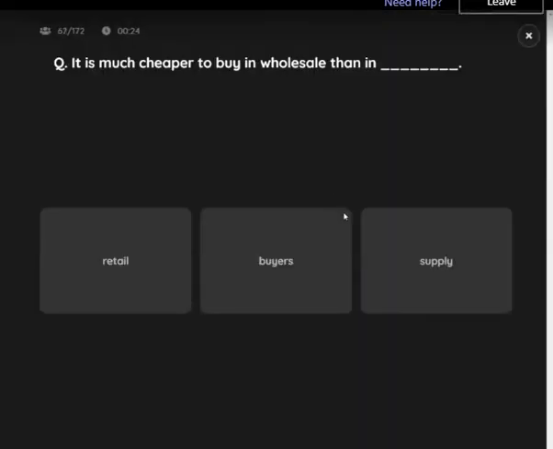So it is much cheaper to buy in wholesale than in retail, buyers, or supply. These are the options that you have.